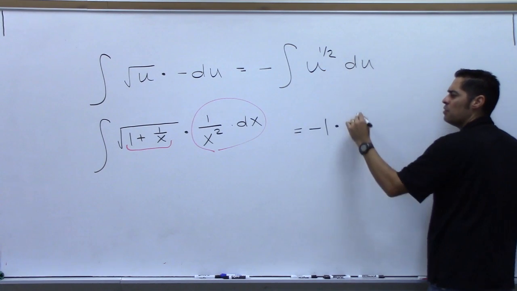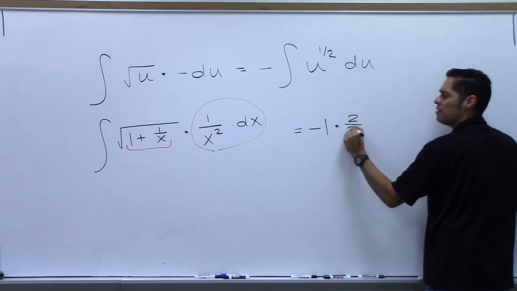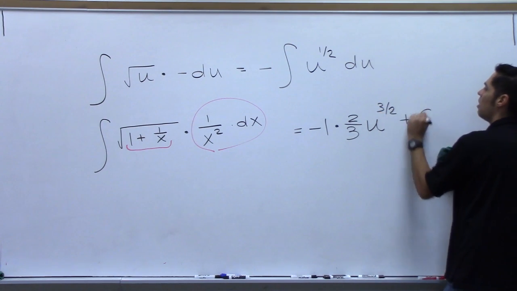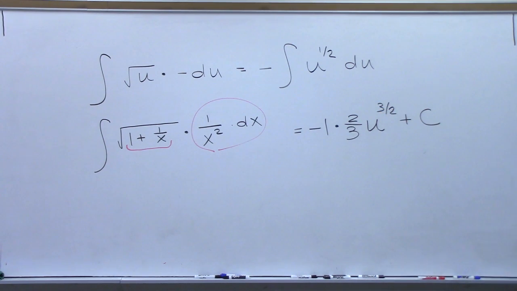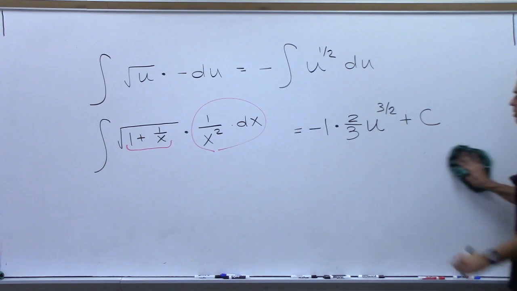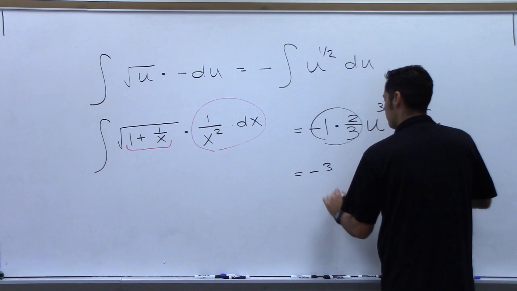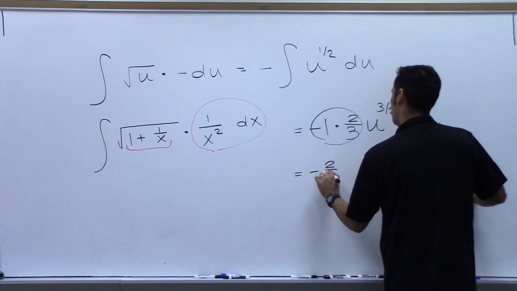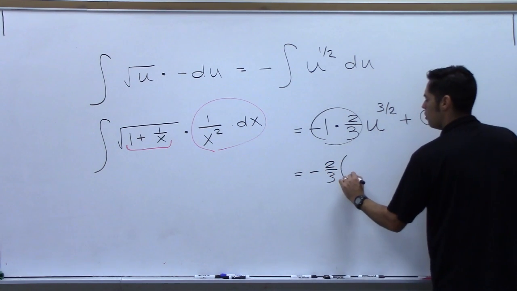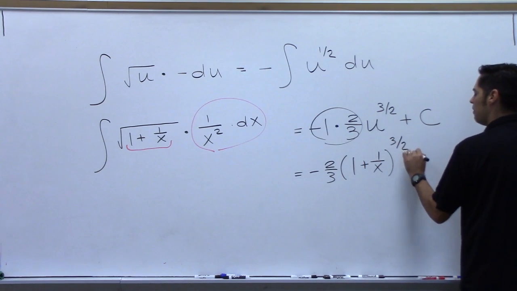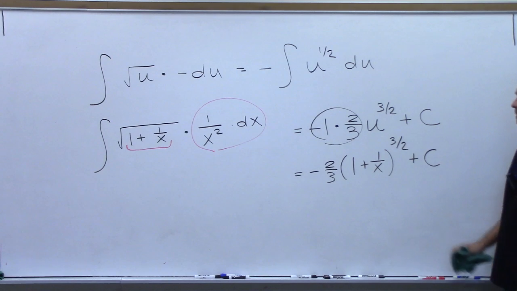And then in front of it, I do 1 over 3 halves, which is 2/3. u to the 3 halves plus some constant. Now replace u. And I'll also put these two together. So -2/3 times u, which was 1 plus 1 over x, to the 3 halves plus c. That's it.